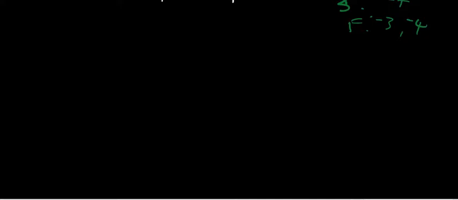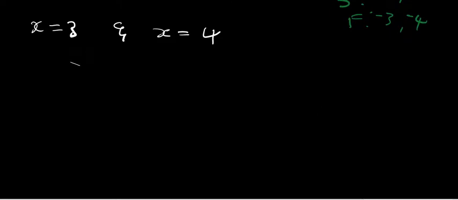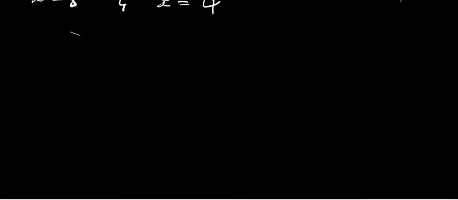So the first critical point is x is equal to 3, and the next one is x is equal to what? 4. Okay, so to work out this expression, you're just simply going to use the table.